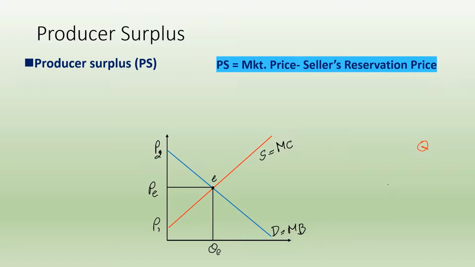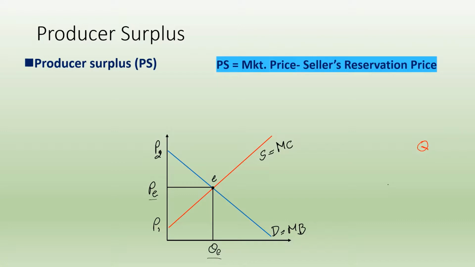Again, consider the same diagram, and let us say we are considering the rice market, and this market clears at this point E, which gives a market clearing price or equilibrium price, PE, and the quantity QE. Okay, so now how can we define the producer surplus?